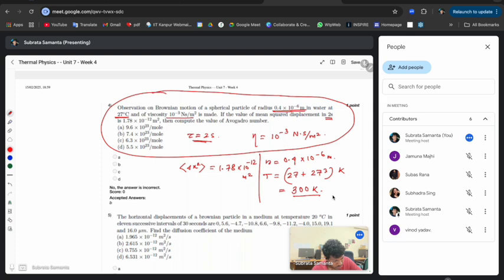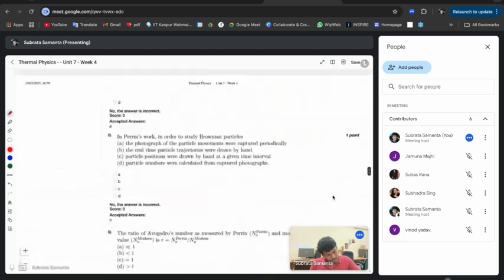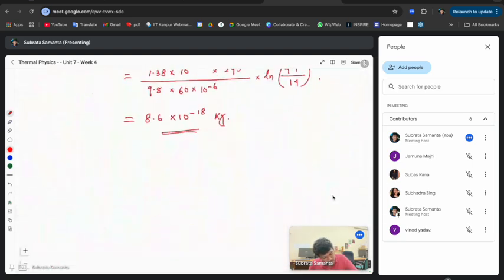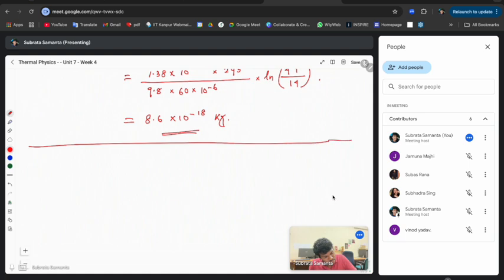So in this case we have to compute the Avogadro number. We already know the value of this number, but we want to calculate the Avogadro number in this process. Again we use the same formula, the Einstein equation, for problem 4.